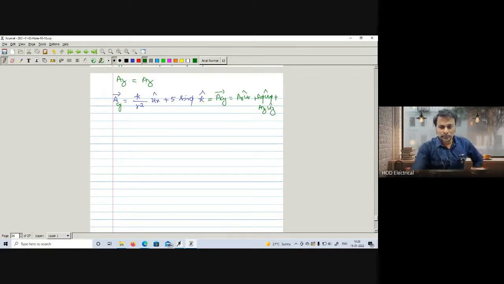So now from this, the UR vector, we can have AR equal to K by R square, and then we have the unit vector K. So that is nothing but AZ.